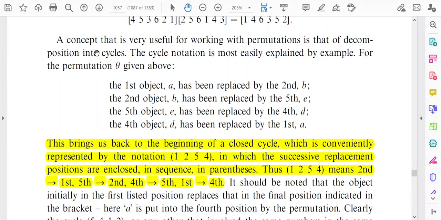Now a concept that is very useful for working with permutations is that of decomposition into cycles. Any permutation, for example theta, can be decomposed into cycles. But for that purpose we have to again focus on the rearrangement, that is how theta rearranges the objects ABCDEF.